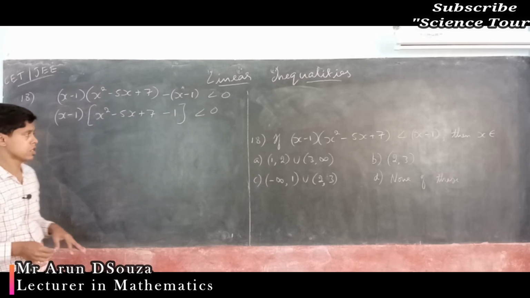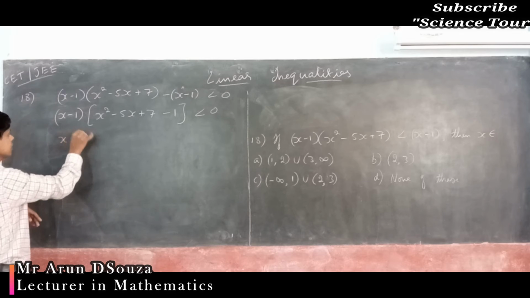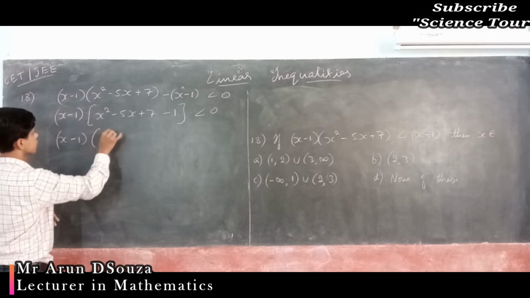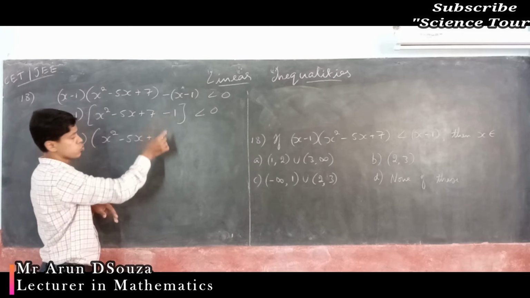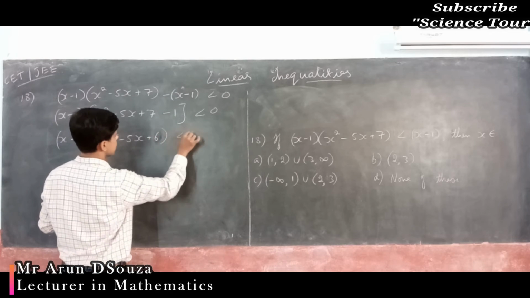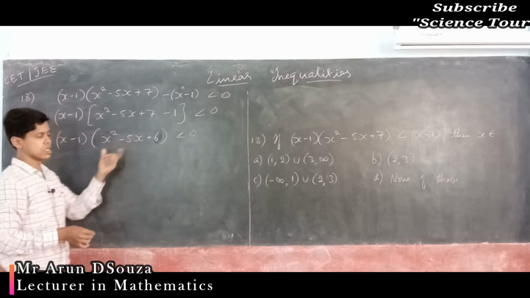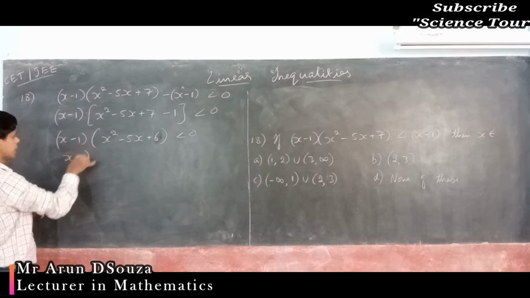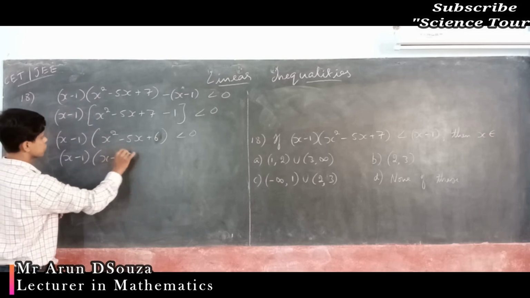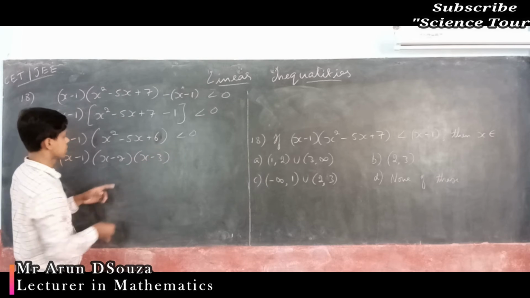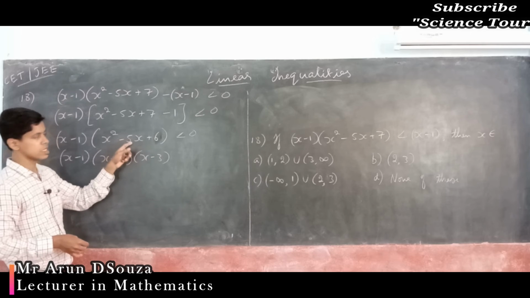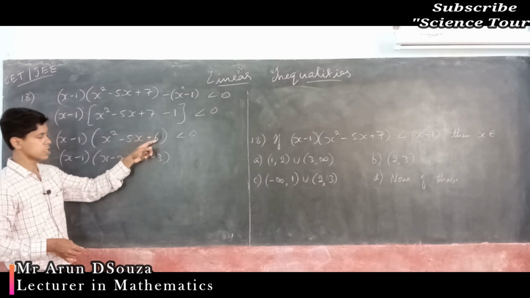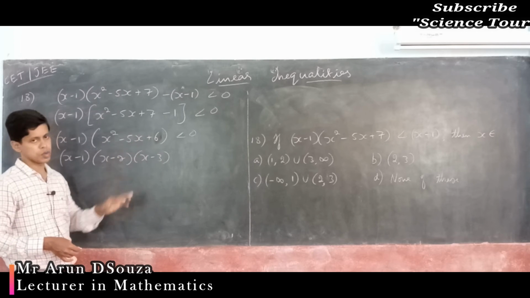Don't forget this. Okay. Next, this is x minus 1, and you have got x square minus 5x plus 7 minus 1, 6. Yes. Okay. Now factorize this. So what are the factors you are getting here? This is x minus 2 into x minus 3. Am I right? So minus 2x minus 3x is minus 5x. 2 into 3 is 6, and minus and minus will be plus, correct?